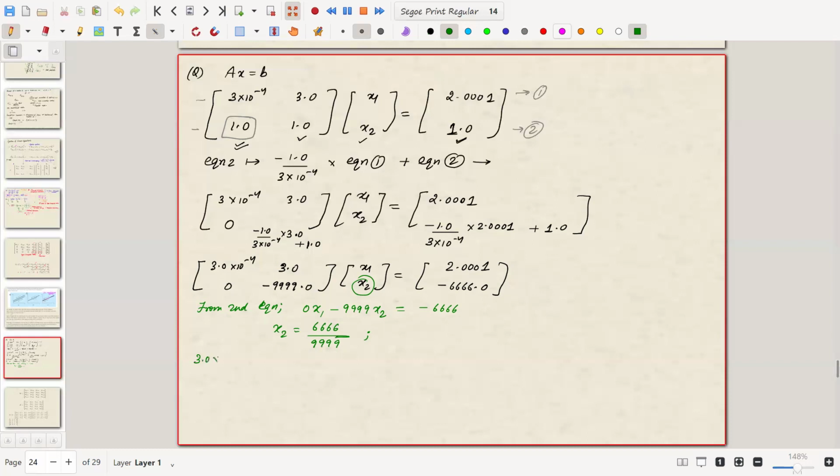So we have the equation of x1 as this, plus 3 into x2. x2 equals this quantity. So x1 equals 2.0001 minus 3 times this quantity, divided by 3 into 10 to the minus 4.